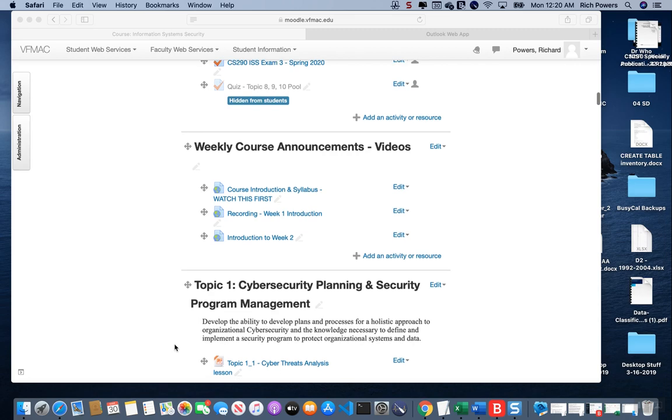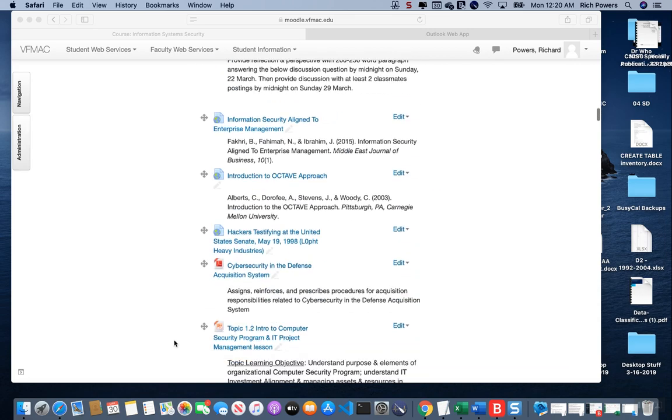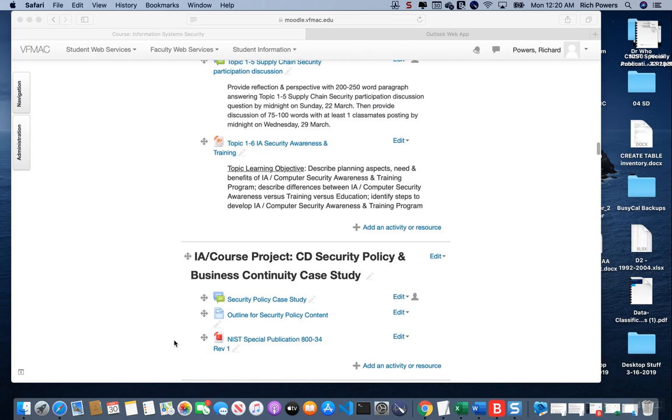In addition to those, I've also added some additional content. One of the things we're talking about over the next few weeks is this business continuity security policy paper we're working on. Bit by bit, I'm adding information that we'll be able to go back and use in constructing this paper.